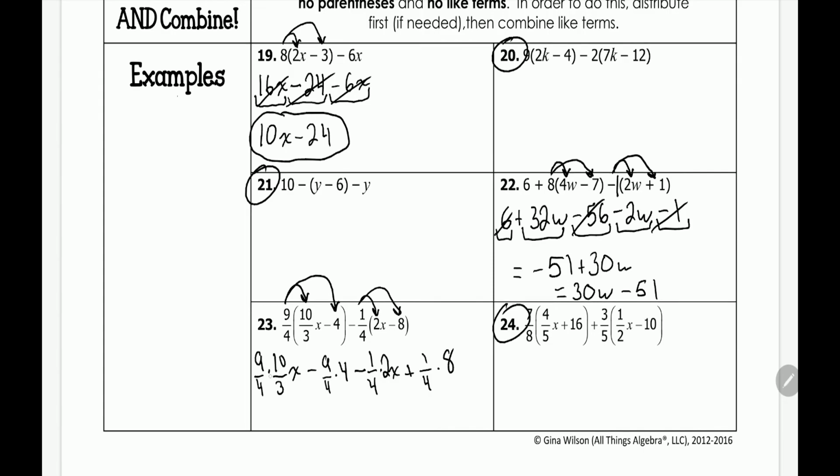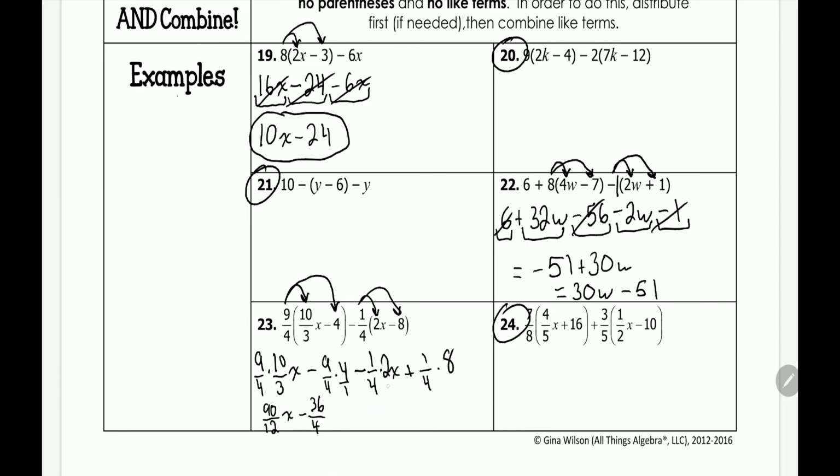If we multiply these two fractions, we multiply straight across, so we have 9 times 10, which is 90, over 4 times 3, which is 12, x minus, we change this 4 into a fraction by putting it over 1. 9 times 4 is 36, over 4 times 1 is 4.